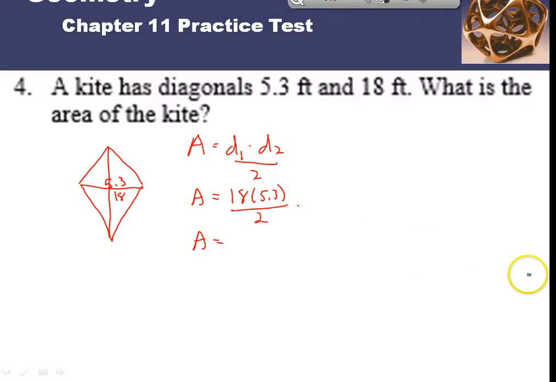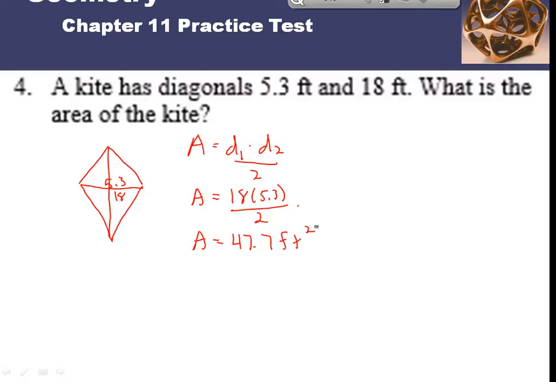Let me just double check. So 18 times 5.3 divided by 2. Yep, 47.7. And this would be feet squared. Good job.